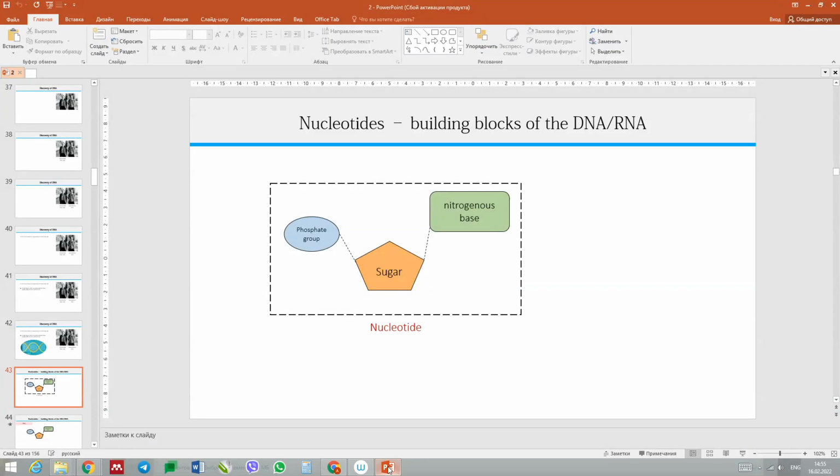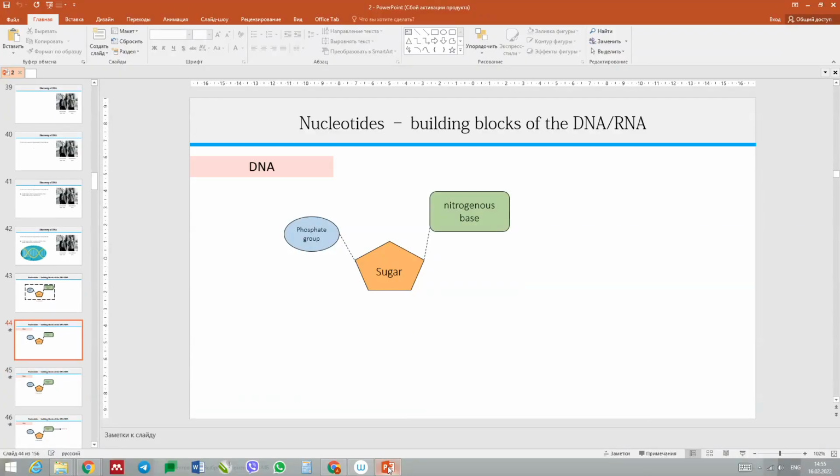As I told you before, one building block is called a nucleotide, and it is composed of three elements: a nitrogenous base, sugar, and phosphate group. Let's consider nucleotides that form DNA. These nucleotides are composed of the sugar called 2-deoxyribose. That's why deoxyribonucleic acids, DNA.